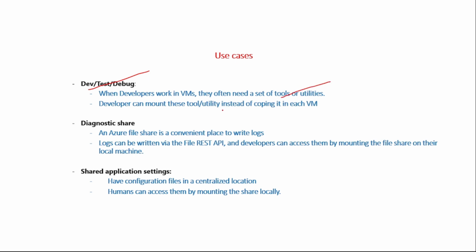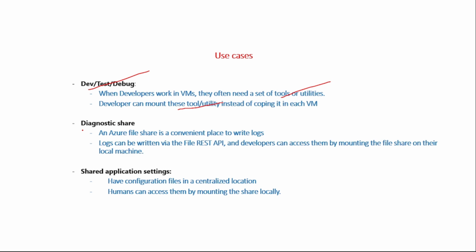So guys, copying these tools or utilities on every VM is probably not a feasible idea, right? So developer can mount these tools or utilities in the required VM instead of copying it in each VM. So again those tools or utilities, they will be present in some remote server, and as per our requirement we can simply mount it in each VM.